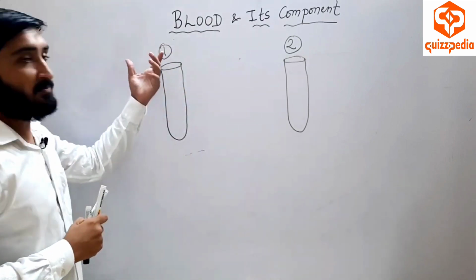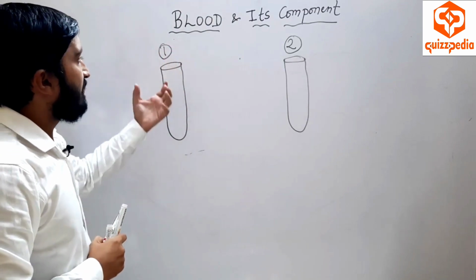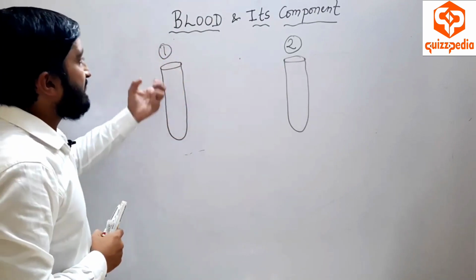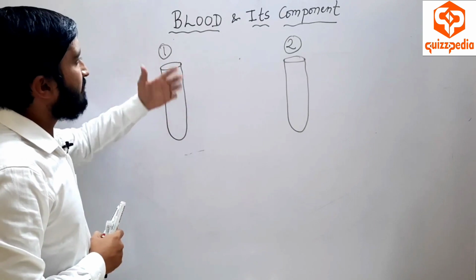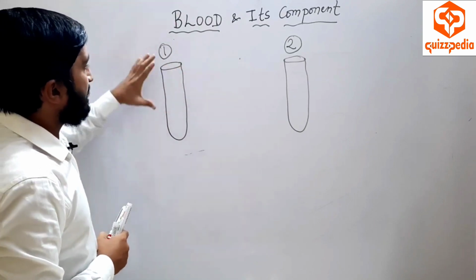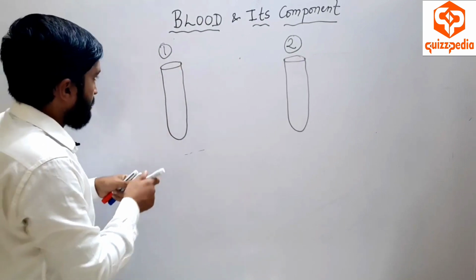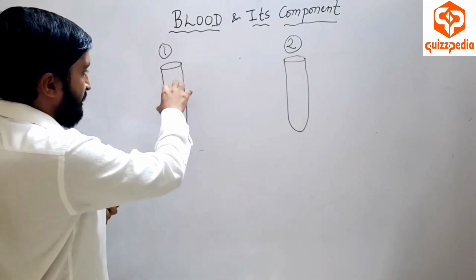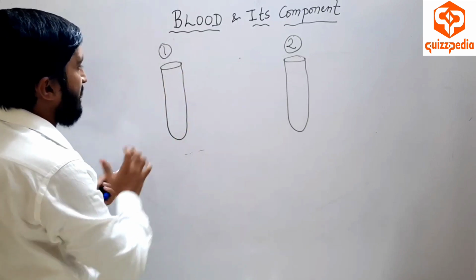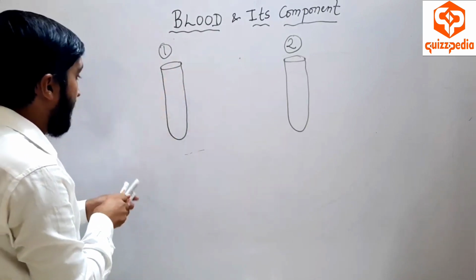In the first test tube, we are going to add an anticoagulant, generally EDTA. Sometimes in the lab EDTA vials are available, but for the comparison we can take these test tubes. We have added the blood in both test tubes, and in test tube 1 an anticoagulant is added.